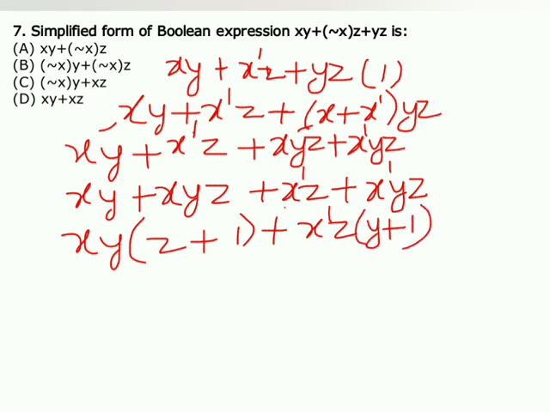So we know that anything plus 1 is 1. So here xy into 1 plus x dash z into 1. Okay. So here the correct option is option A, xy plus x dash z. So this is a simplified form of the given Boolean expression. So you can solve the same thing using the Karnaugh map also. So option A is the correct one.